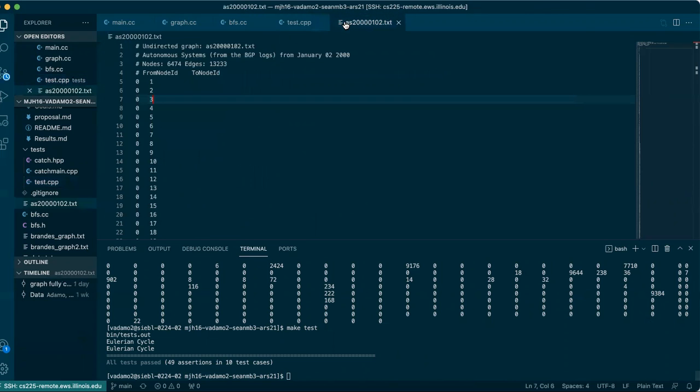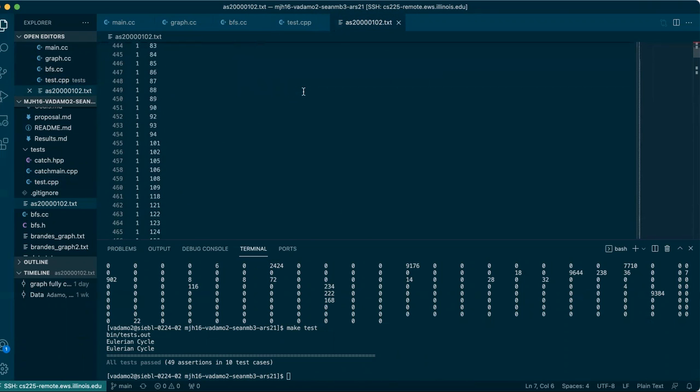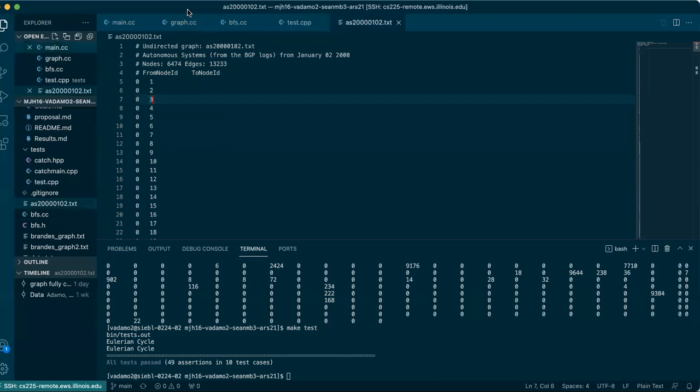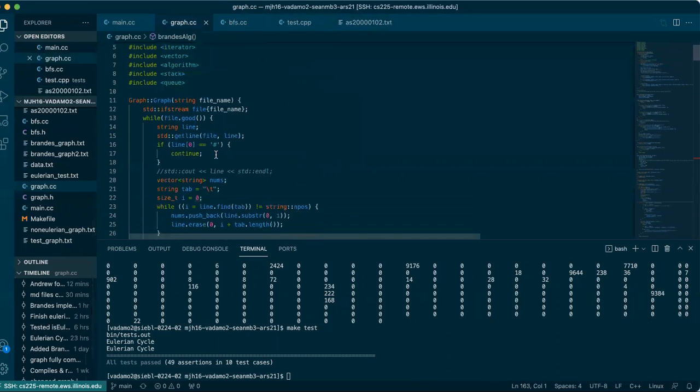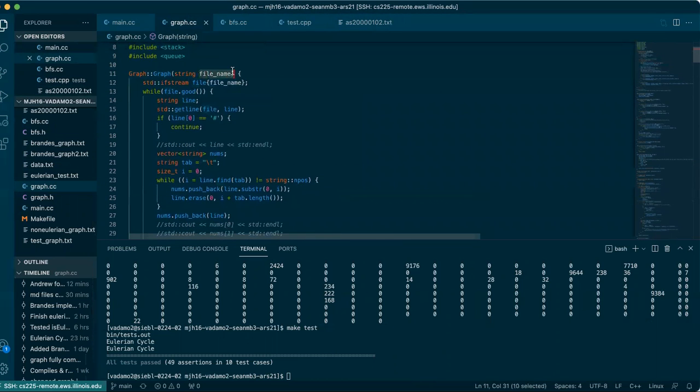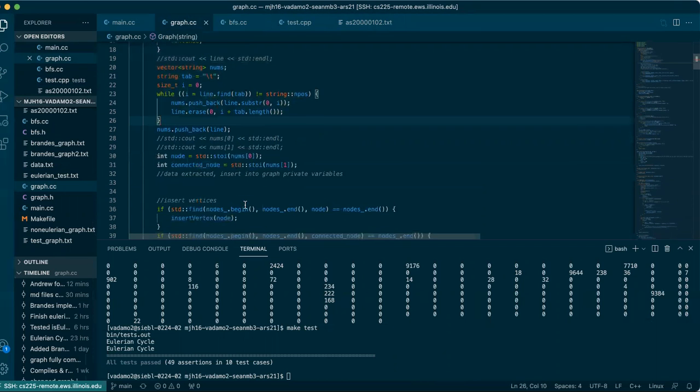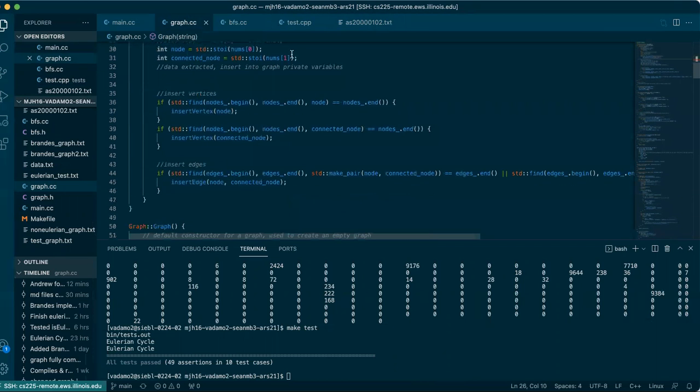Yeah, so our data set was taken from Stanford, right? Stanford has a lot of databases for graphs such as this, and as I'm scrolling through, this is what it looks like. It's just from node ID to node ID. We took this data set, and in the graph.cc constructor, we take a file name in and do some file reading to separate the data into nodes.